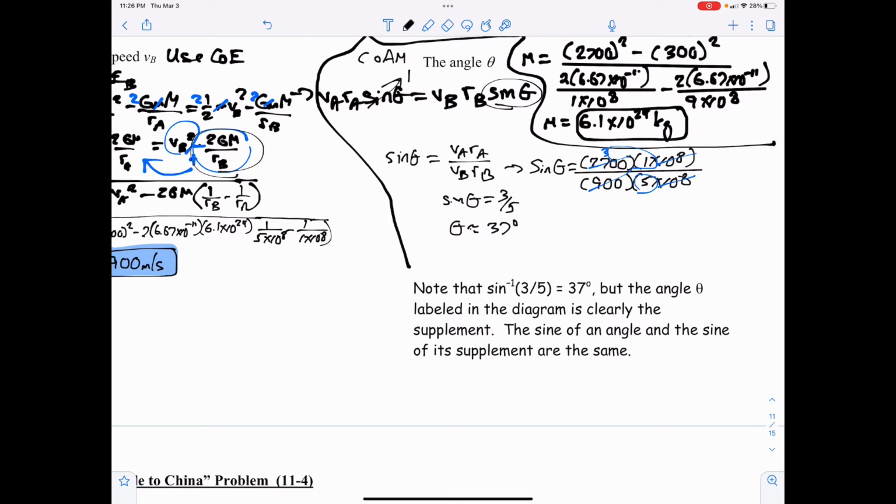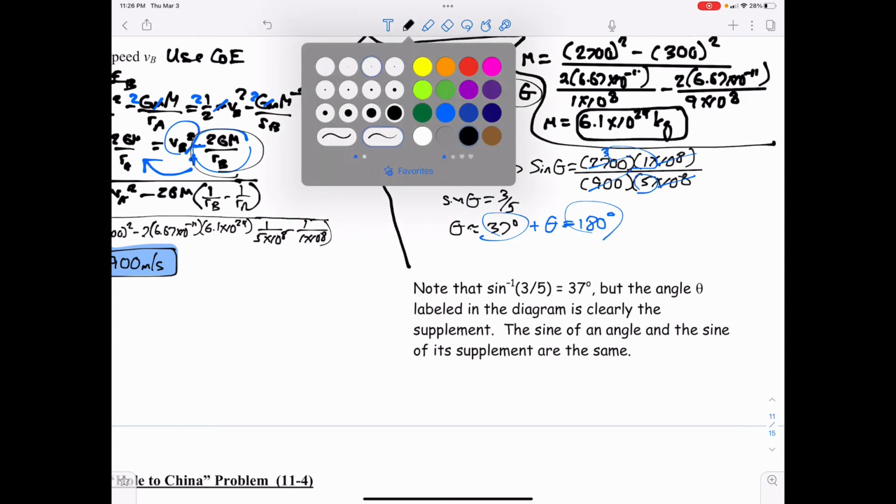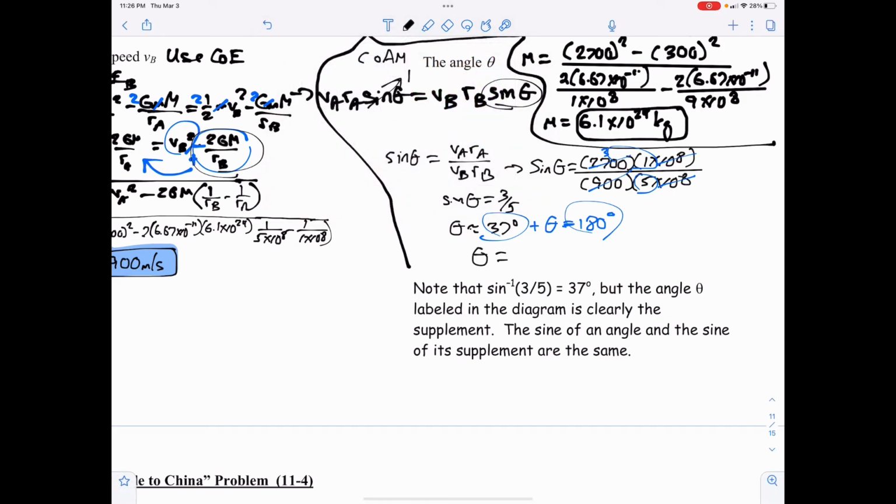The supplement, if you guys recall, is that plus theta equals 180 degrees. So I have to subtract that from 180, which would be 143. There we go. I thought that angle looked a little bit too shallow.